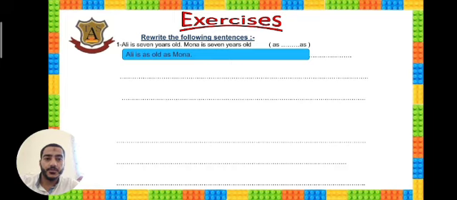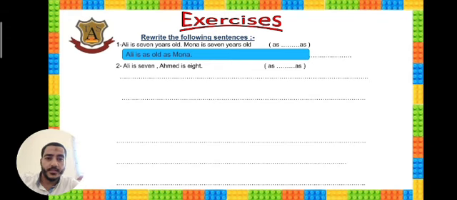Okay, very good. Next one, number 2. Ali is 7. Ahmed is 8. Use as and as. So, who is older? Ali or Ahmed? Ahmed, of course.